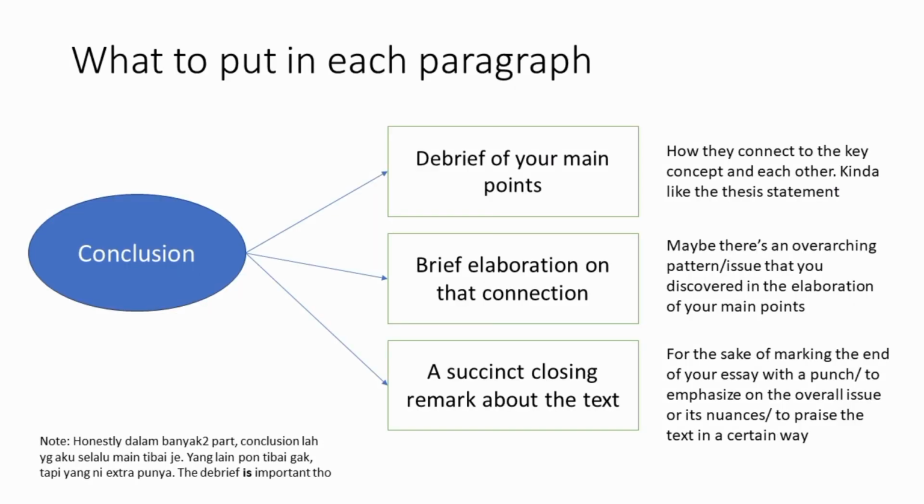Last thing is the conclusion. For conclusion, what I do personally, I don't know if this is the best thing, it's probably not, I would paraphrase my thesis statement, but also include some details that I've talked about in the body paragraphs. Basically recalling to the audience what the whole essay is all about and how I've managed to prove my point throughout the whole thing.